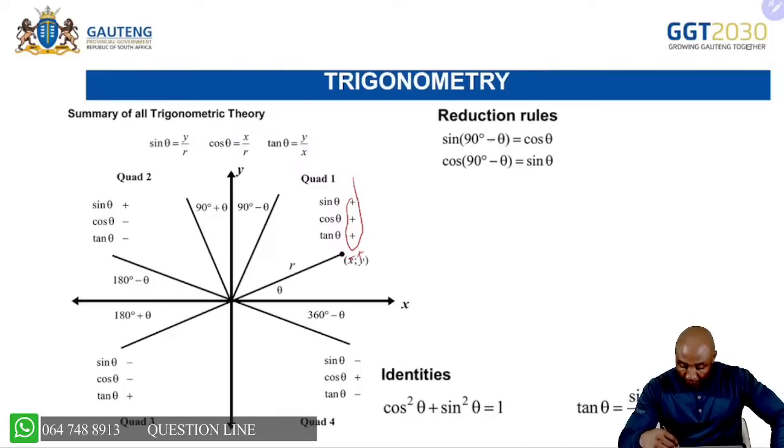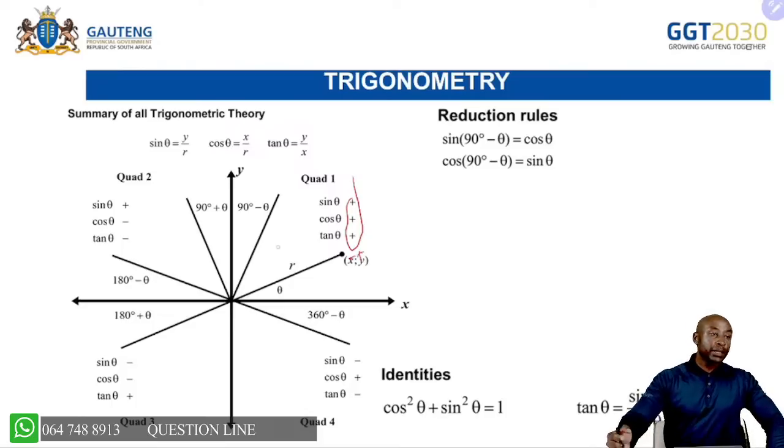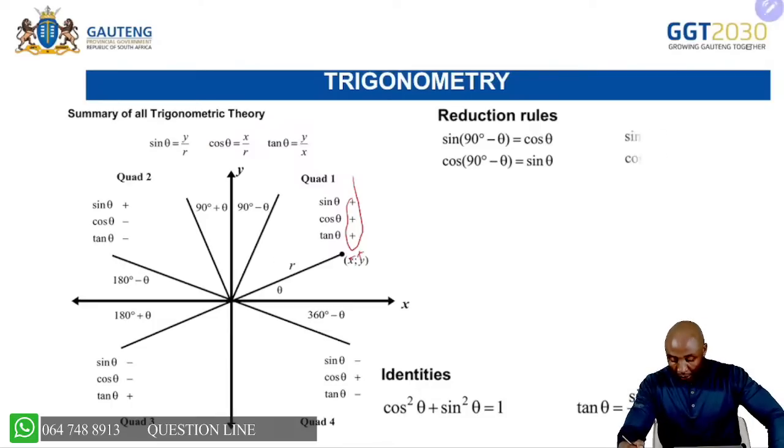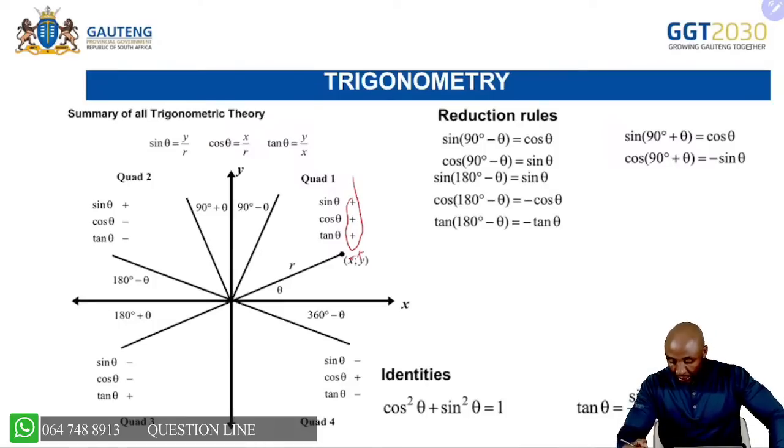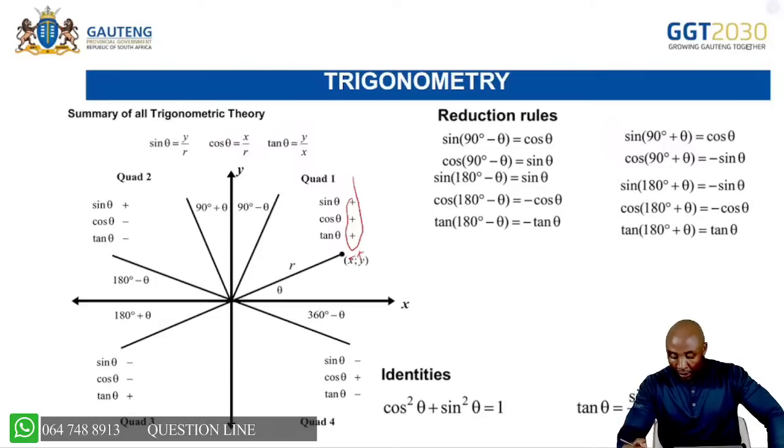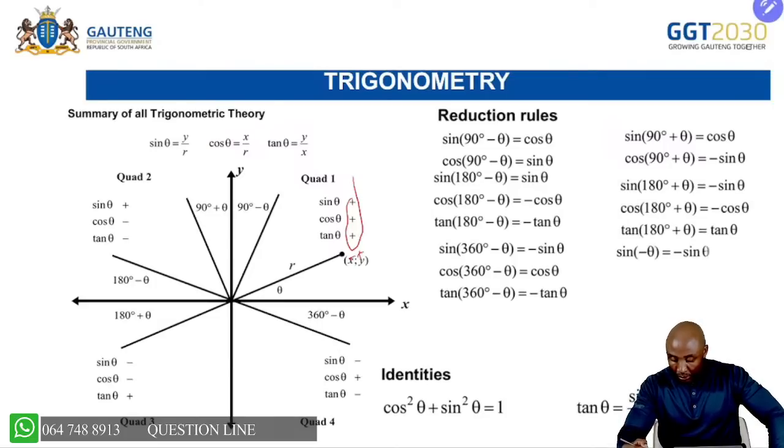We also have 90 minus theta, and we should know that those become cofunctions. If it's sine, it becomes cos. If it's cos, it becomes sine. We move on. Second quadrant, it's 90 plus theta, or we have 180 minus theta. We must be able to recall those reduction rules.